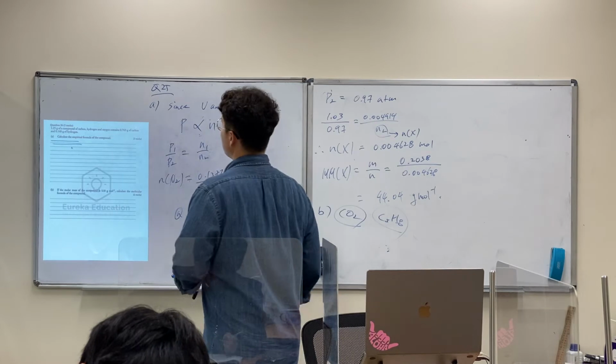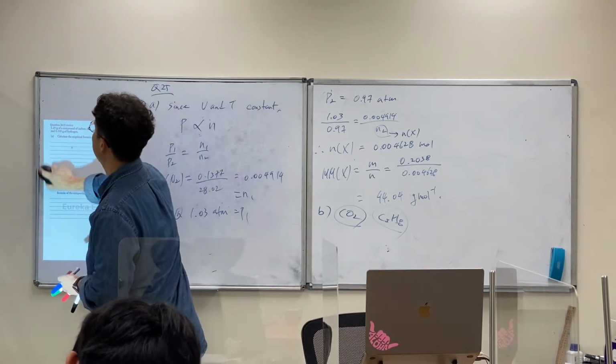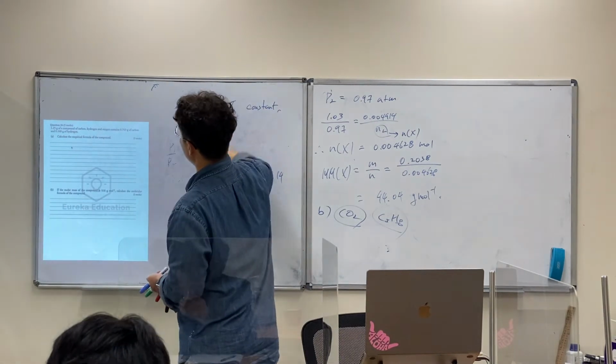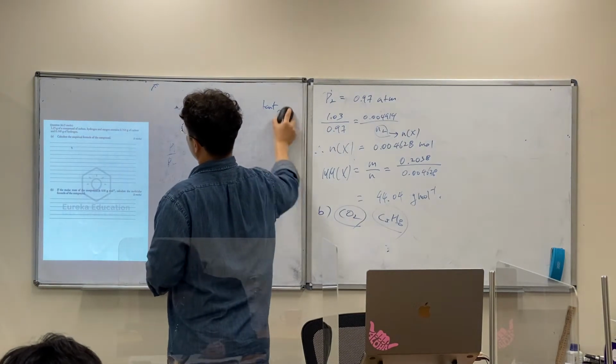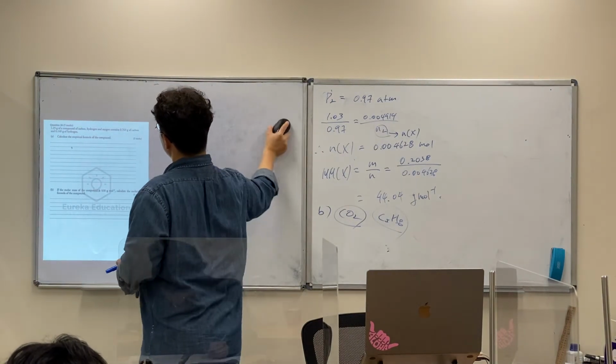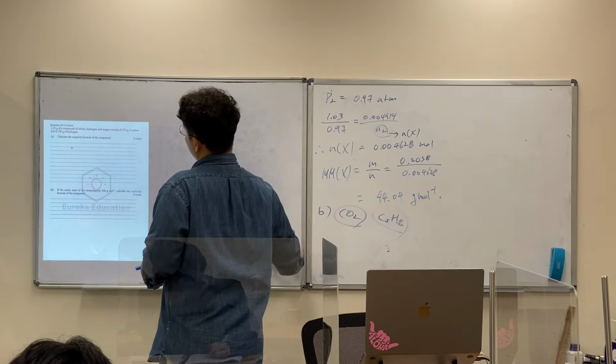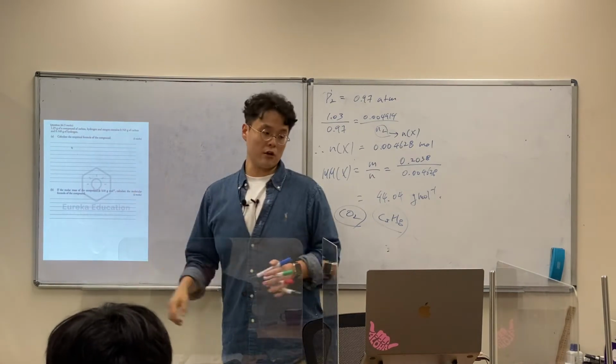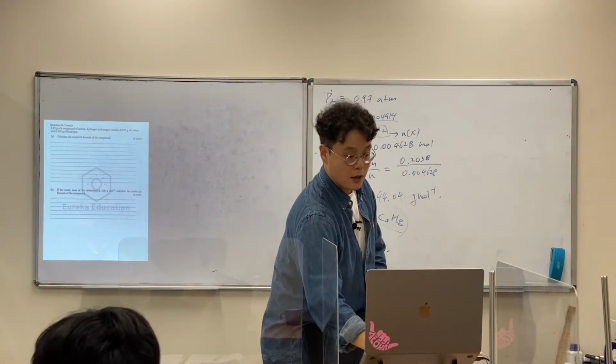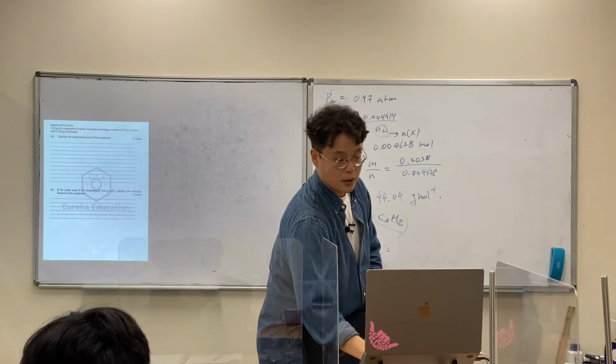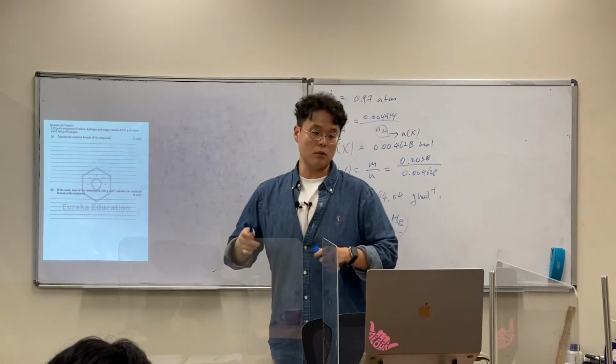26. 1.25 gram of a compound of carbon, hydrogen, and oxygen contains 0.763 grams of carbon and 0.148 gram of hydrogen. A, calculate the empirical formula of the compound. So from here, how to get the empirical formula is to find the number of moles. I think everyone did pretty good with finding the number of moles up to here.